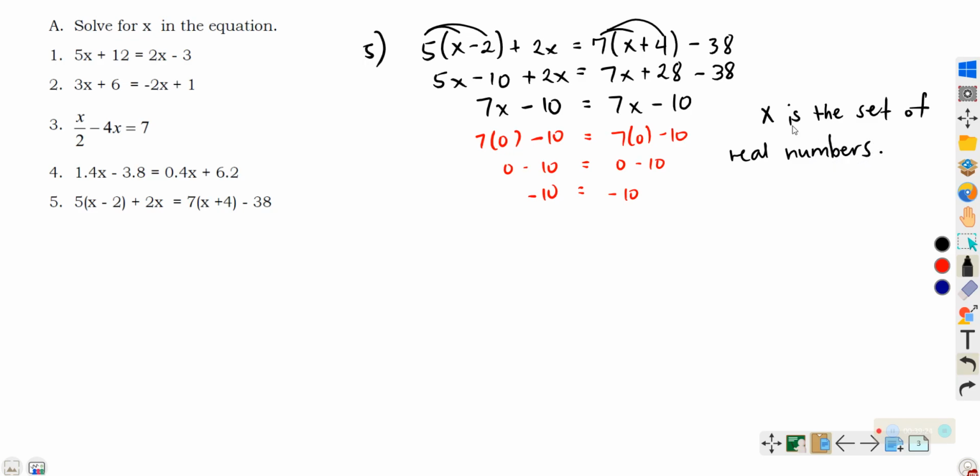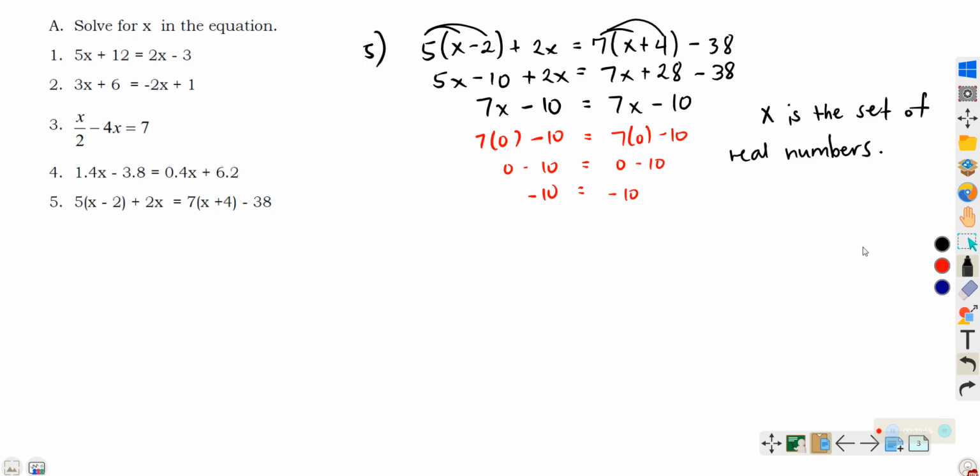So, ibig sabihin kahit ano, lahat ng real numbers pwede nating i-plug in dun sa ating variable. Okay? So, this is for this kind of equation. Yung nag-balance na siya, nag-equal. Magiging 0 kapag in-apply pa natin or kapag tinuloy natin yan. Magiging 0 equals 0. Okay? So, again, tatandaan, pag ganito ang case, lahat po ng real numbers ay solution. Okay? So, it's either one or everything pala to.